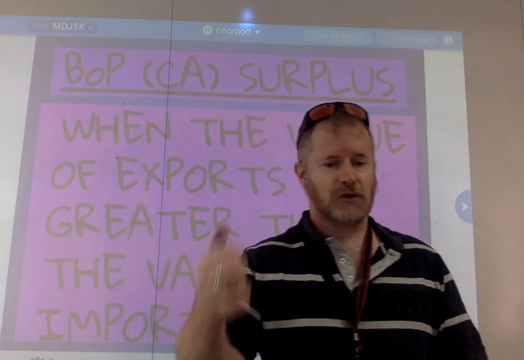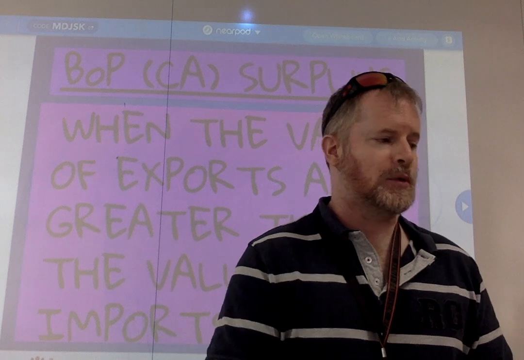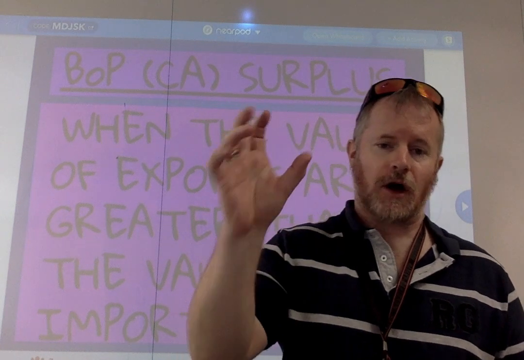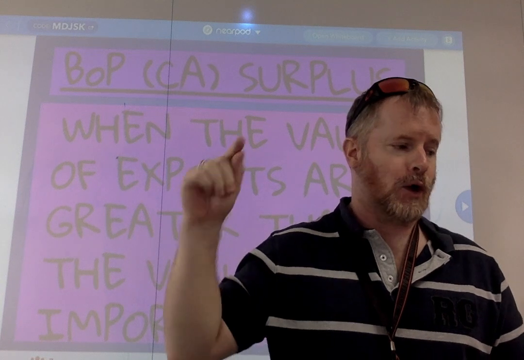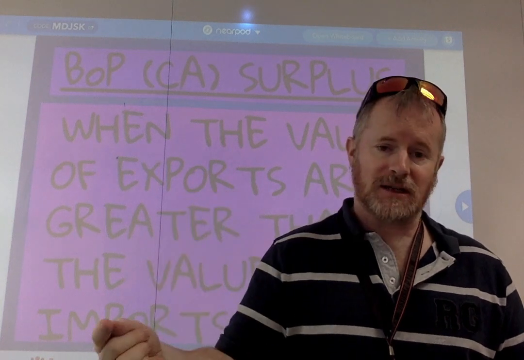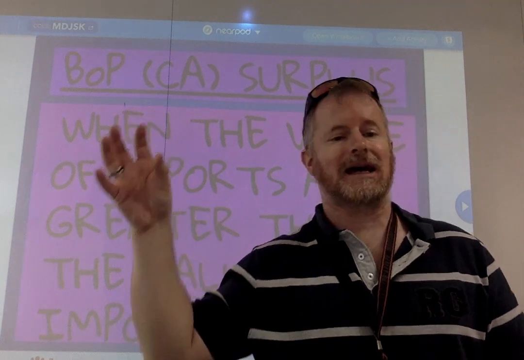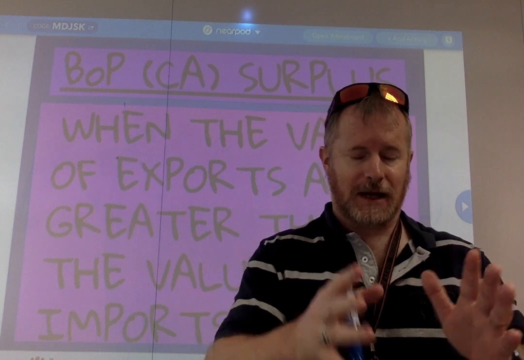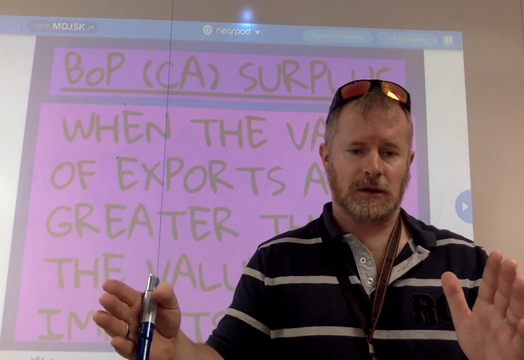Right? We need to make sure that we are 100% comfortable with saying this. The overall balance structure, the overall current account, when the value of exports is greater than the value of imports, it is in a surplus. Right? So with those accounts, you add the accounts together, right?